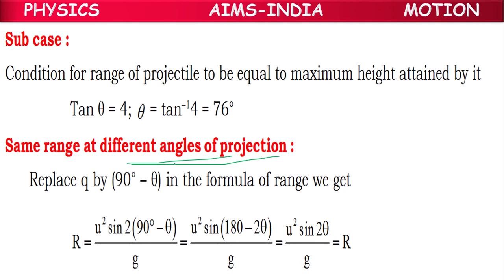For different angles of projection, a projectile can have same range, which is for theta and 90 minus theta. For two different angles of projection, range will be same.